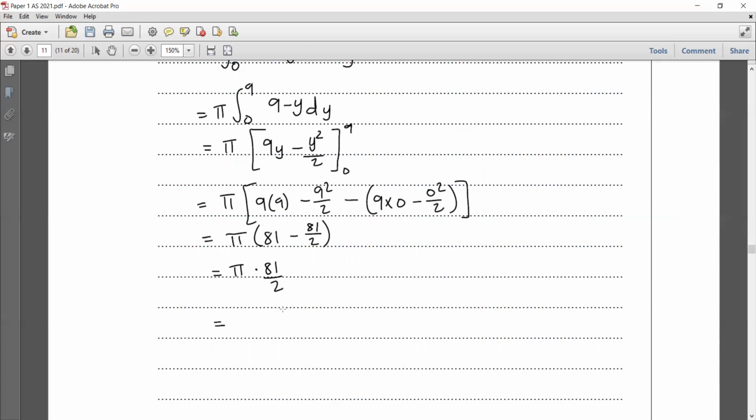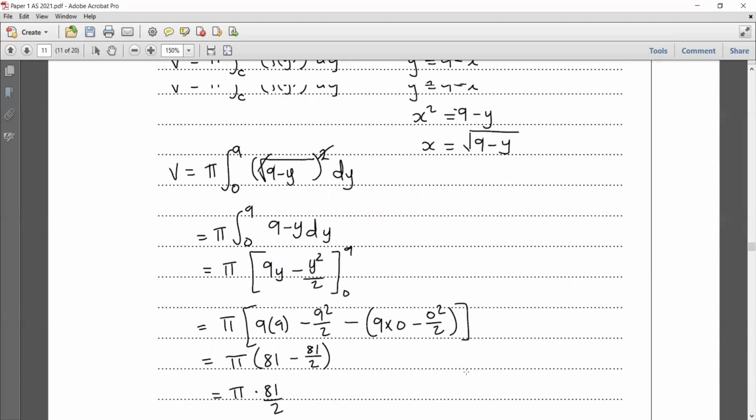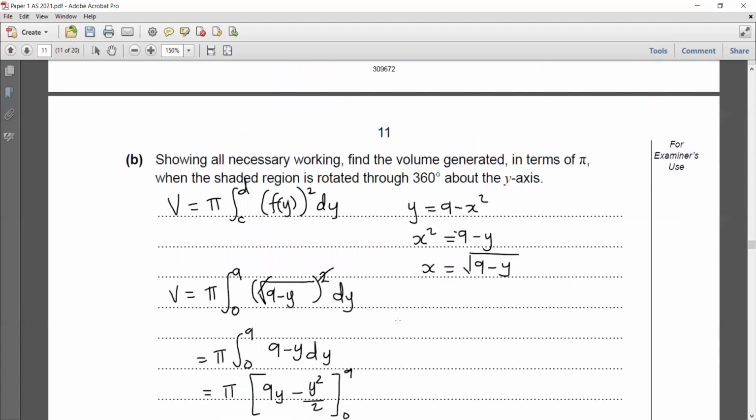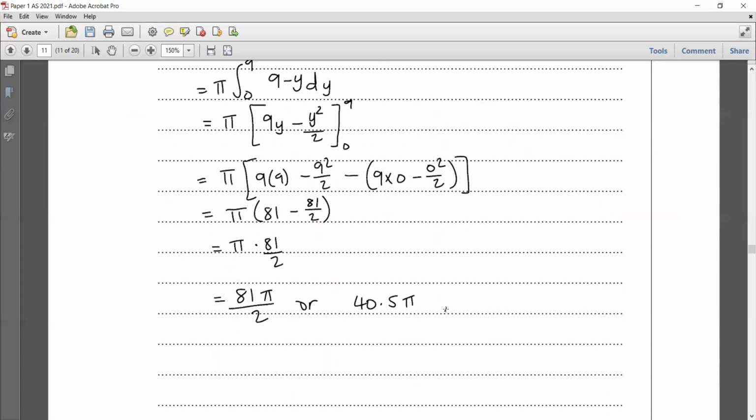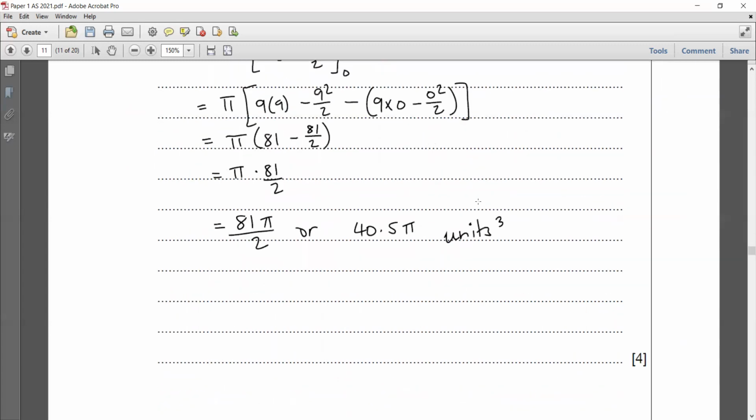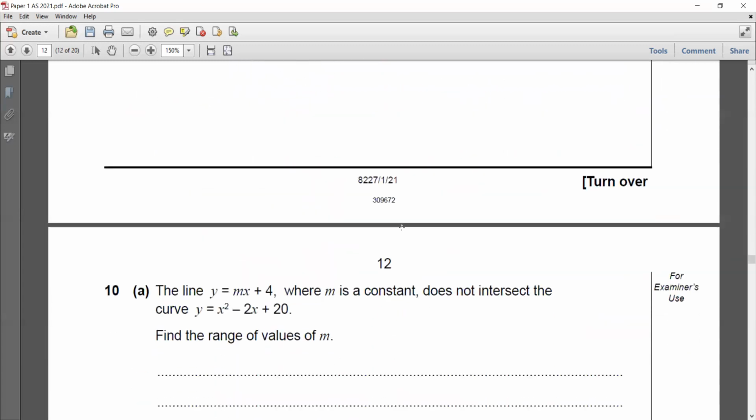So this is 81 pi over 2, or you can write this as 40.5 pi. And this is units cubed, because this is a volume. Okay. That is the volume.